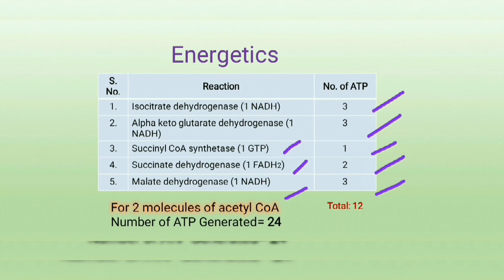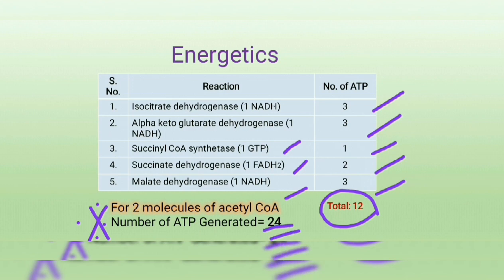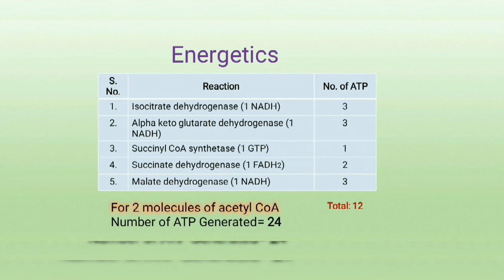So the total number of ATP molecules which is produced in this cycle of oxidation of one acetyl coenzyme A is 12 molecules. Therefore, for 2 acetyl coenzyme A molecules, the number of ATP generated is 24.